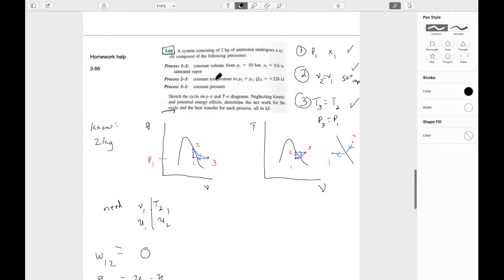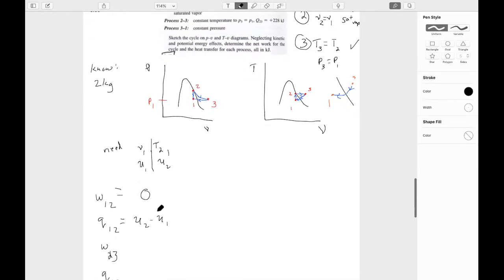Okay, I know that the temperature is constant from 2 to 3, to P3, which equals P1. All right. So I know the temperature is constant. And let's see. Oh, and they give me the heat. There you go. That's what I need. They give me the total heat.